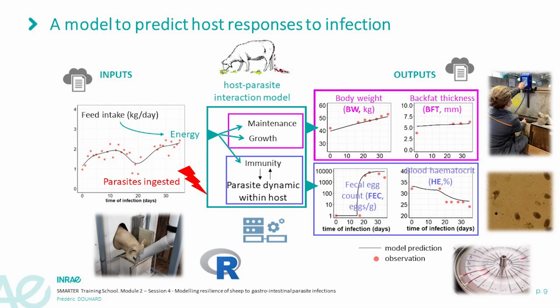We know the number of parasites that have been taken by the animal, and we know the timing. And as output, we want all the traits that I presented before: body weight, back fat thickness, fecal egg count, and the blood hematocrit. We won't focus on muscle thickness, just back fat thickness. And this is what we want to build.